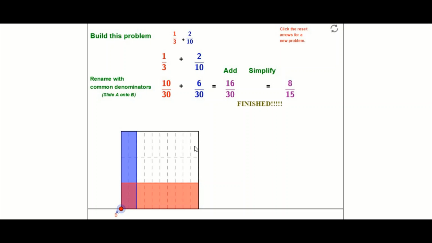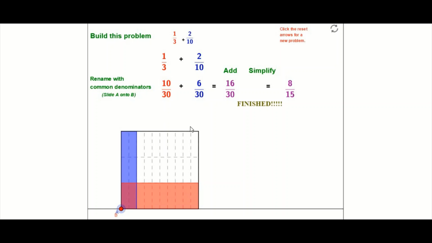So in this row we have 10 plus another 10, that's 20, plus another 10, that's 30. So now we have 30 equal parts. So that means our common denominator is going to be 30, right?